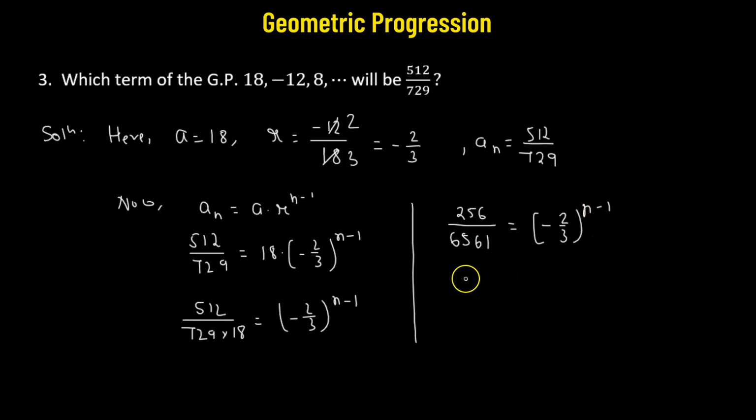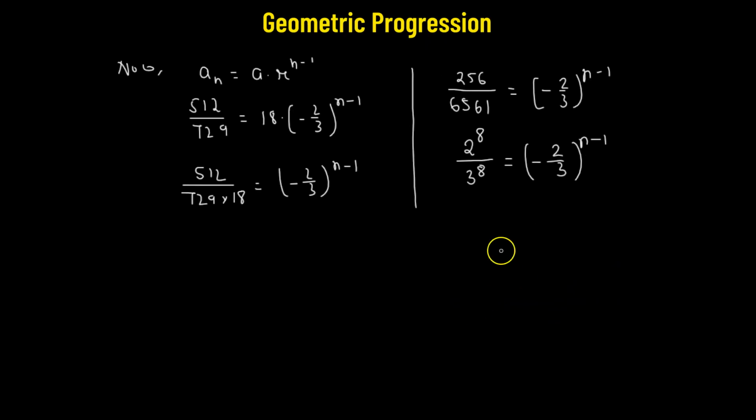Now we know that 2 raised to the power of 8 has a value 256 and 3 raised to the power of 8 has a value of 6561. This will be equal to negative 2 over 3 raised to the power of n minus 1. Now we can rewrite the expression on the left hand side as negative 2 over 3 raised to the power of 8 equals negative 2 over 3 raised to the power of n minus 1.